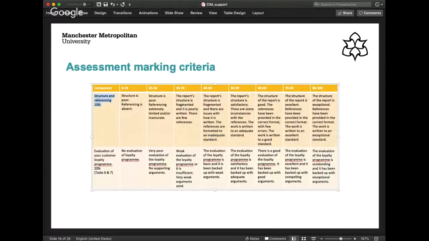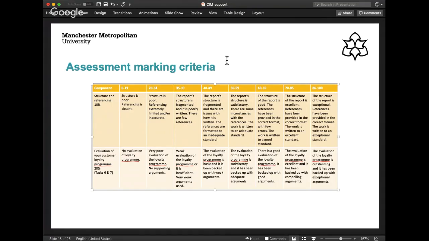So if you write it in the correct format with the correct references, you'll get an extra 10% of your marks for that. And then your final 20% of your marks, which is around 600 words, is for this evaluation of your customer loyalty program and to ensure that you have made your ethical considerations.